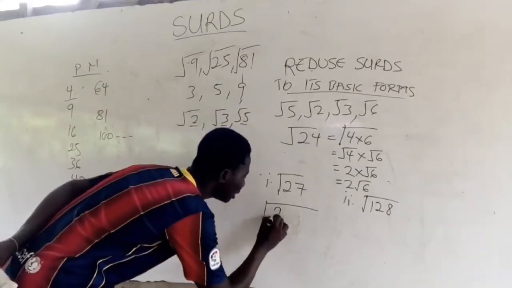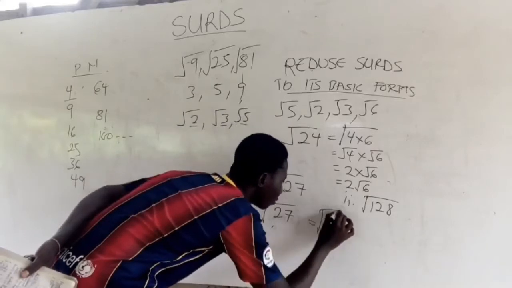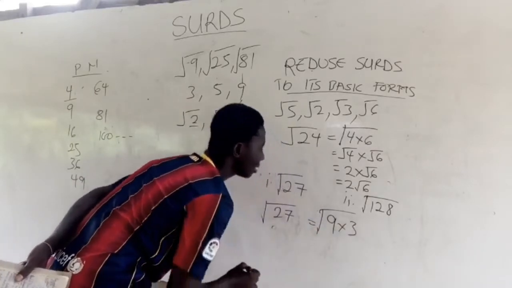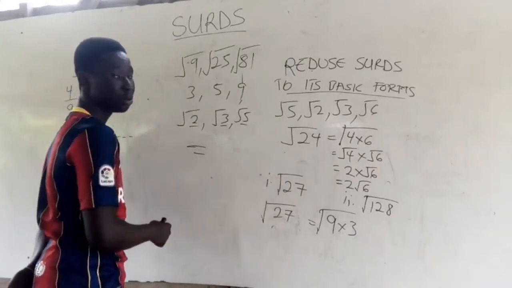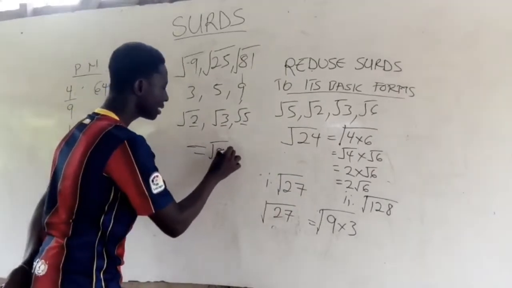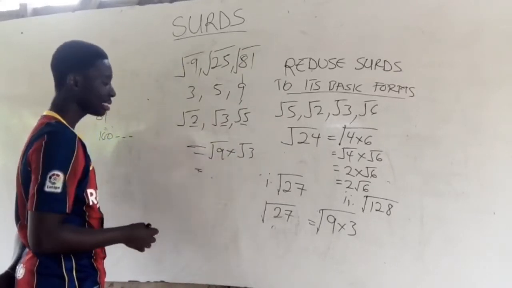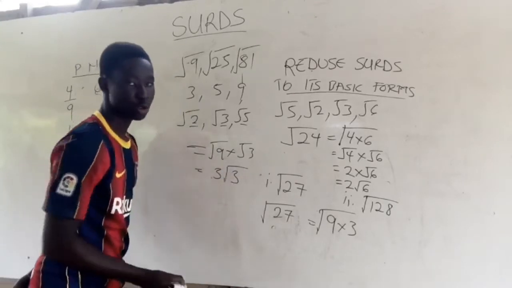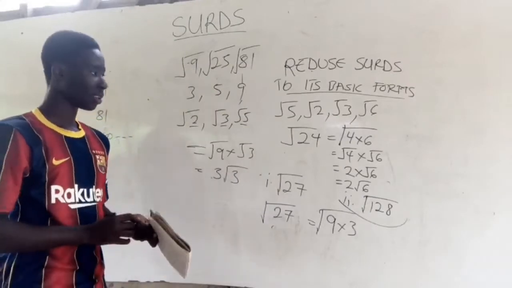So root 27 is equal to root of 9 times 3. Then we can distribute the roots: root 9 times root 3, and root 9 is 3, so I'm going to get 3 root 3. So try this and let me know your answer in the comment section.